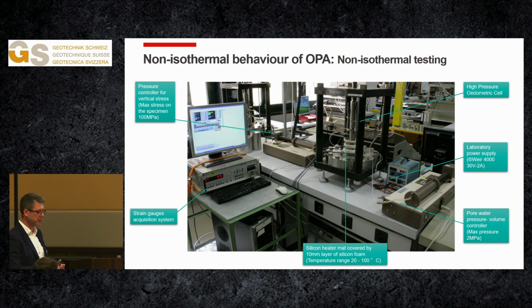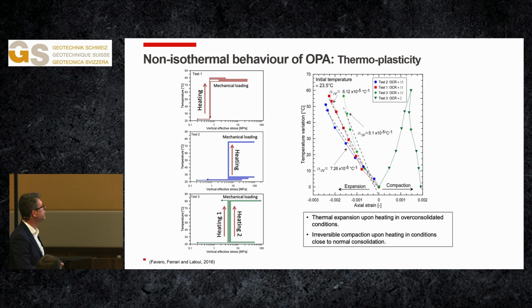The other aspect that I would like to mention, speaking about thermal behavior, is the non-isothermal behavior of the Opalinus clay. We have our device in which we can test the materials also applying temperature changes. If we now plot our stress paths, we have control of vertical stress, but also control of temperature. It means that we can test the axial or the volumetric response of this material based on temperature variations.